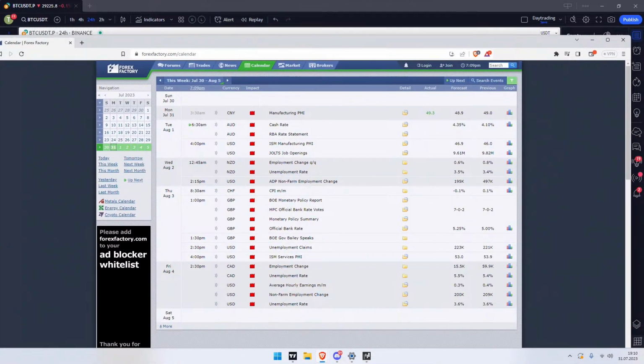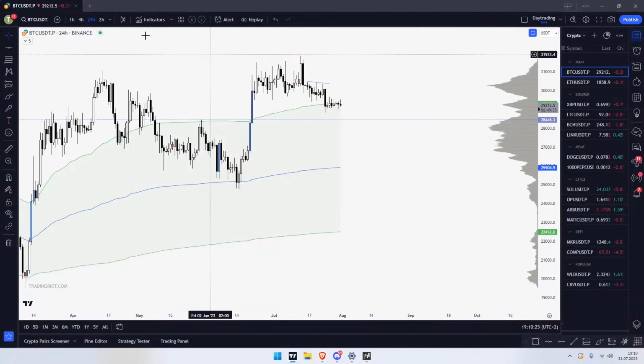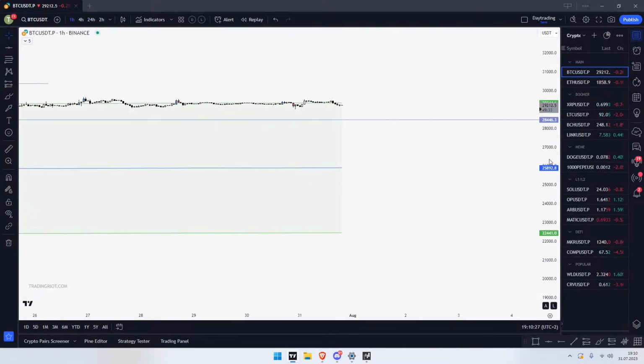I'm quickly looking at the calendar as well. We have NFP on Friday. We have PMI tomorrow, so NFP obviously more of a bigger deal, but not so much for BTC. But yeah, to be fair, last week with the FOMC, I expected quite a bit of volatility.